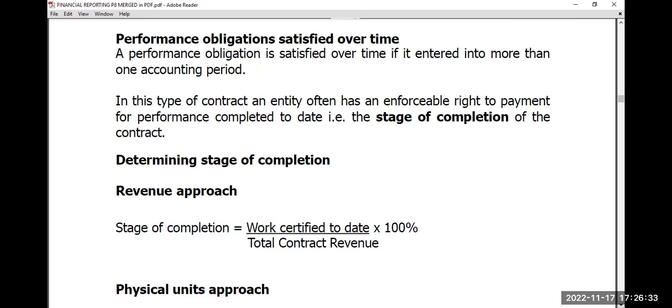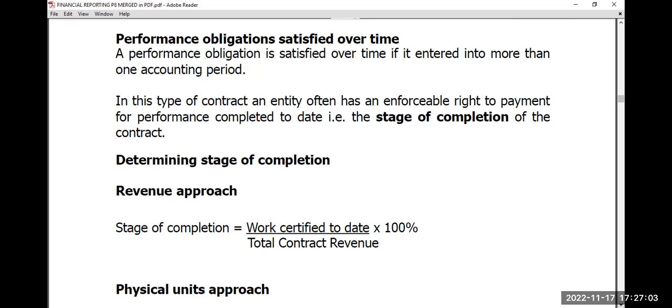You are not going to wait until you complete the building to receive the payments. When you do something, you can ask for a portion. These are things that happen for construction companies, those companies that are doing contract work. They receive money at different stages, depending on how their contract is arranged.